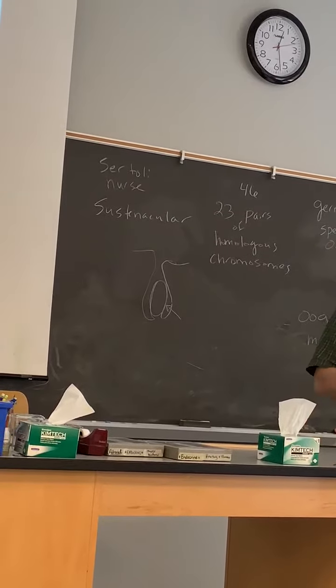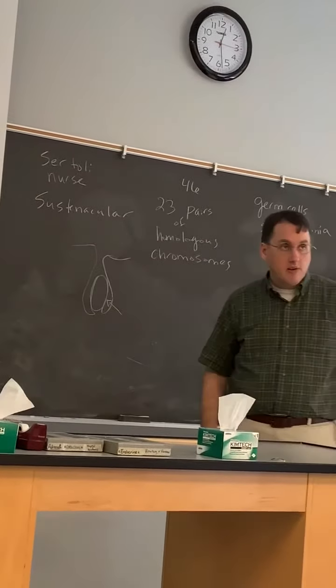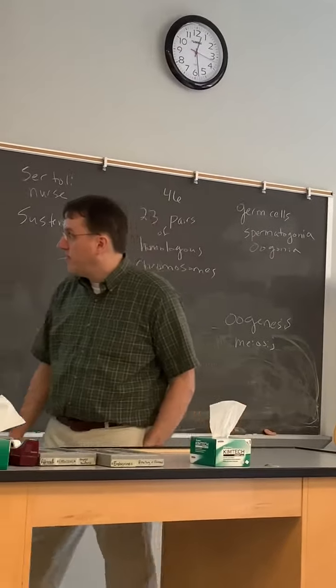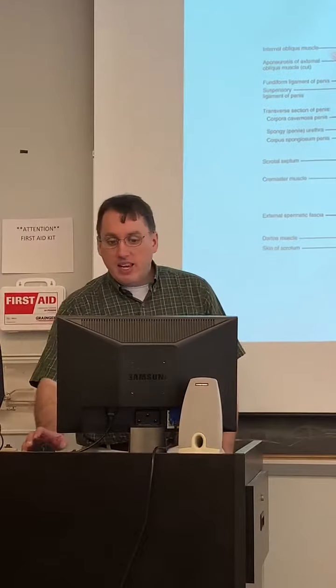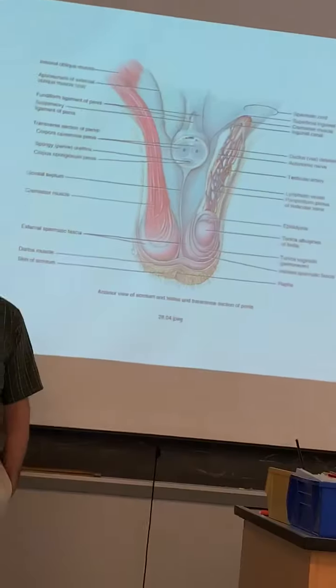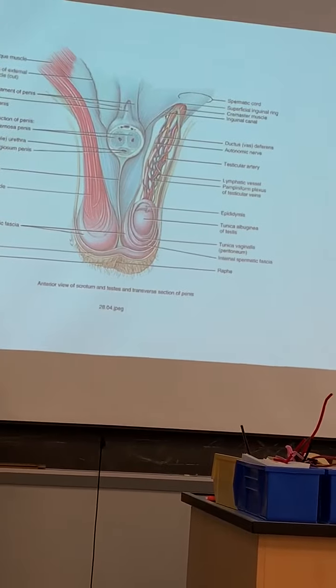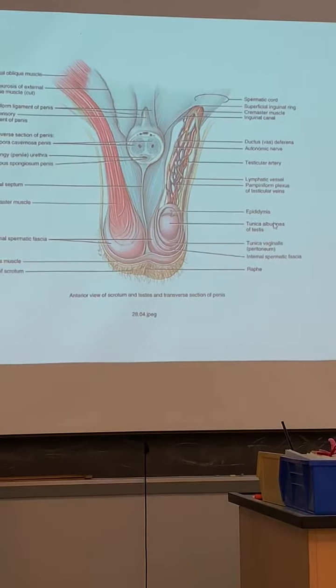Okay, and sometimes you'll get an accumulation of fluid in there. Testicular edema surrounding that. All right, and then finally, on the very outer surface of the testis, you have a thick connective tissue layer. It's white, so it's called the tunica albuginea, alba meaning white.